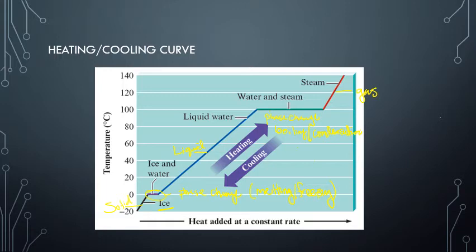So just a couple of things here. When you see that horizontal line, that is representing a phase change. And when you see that diagonal line, that is representing just a particular state of matter. Whether it's solid, liquid, or gas depends on where we are, but they will always have a diagonal when we're just heating up the substance.